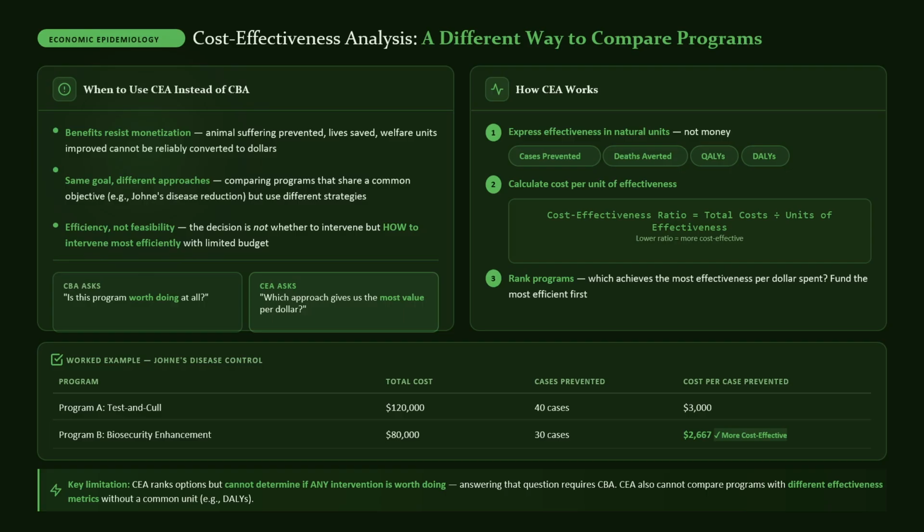Program B, biosecurity, only $2,667. So B wins. But here's the key limitation, and it's testable. Cost effectiveness analysis tells you which approach is most efficient, not whether intervening is worth it at all. For that yes or no question, you still need cost-benefit analysis.